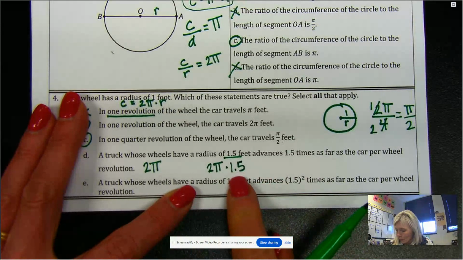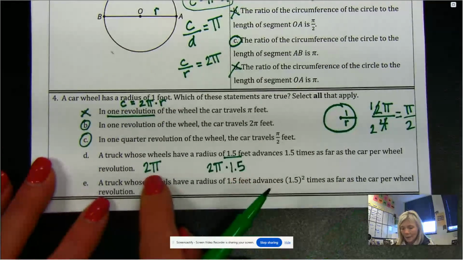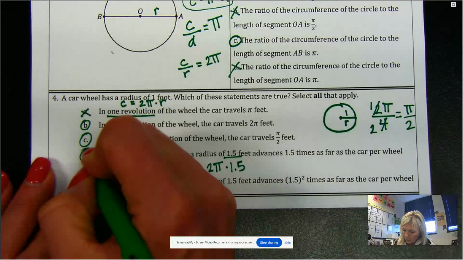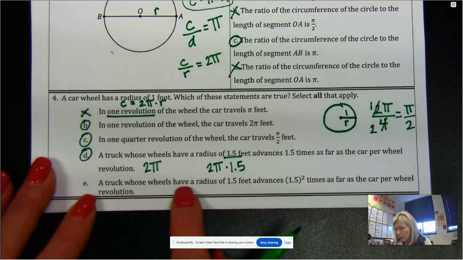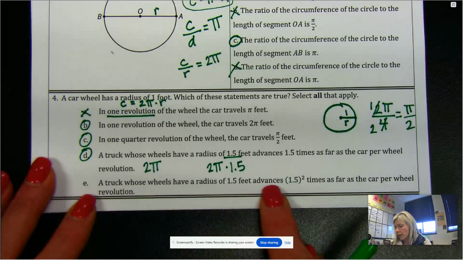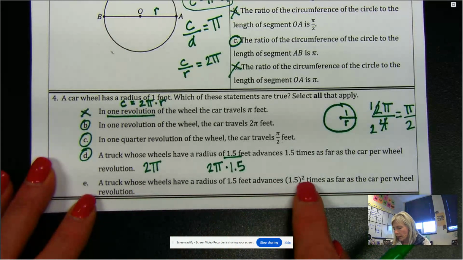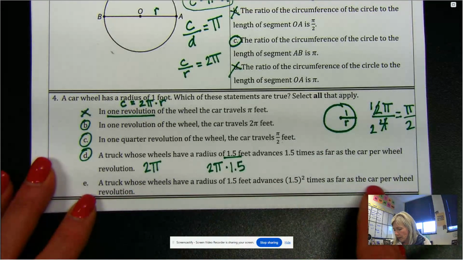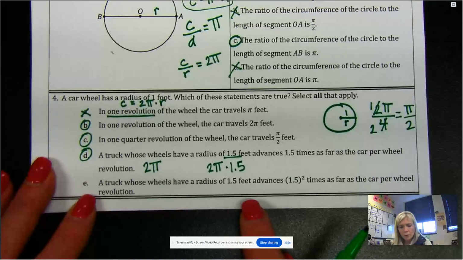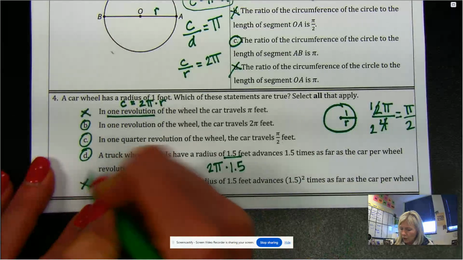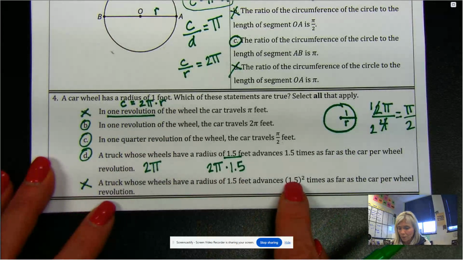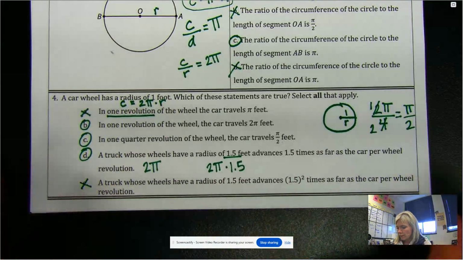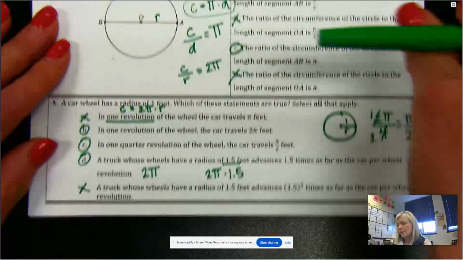That is 1.5 as far as if the radius were just 1. So yes to D. And then finally, a truck whose wheels have a radius of 1.5 feet advances 1.5 squared times as far as the car per wheel revolution. This cannot be true. We just found it to be 1.5 times, not 1.5 squared times. Okay, so just B, C, and D.